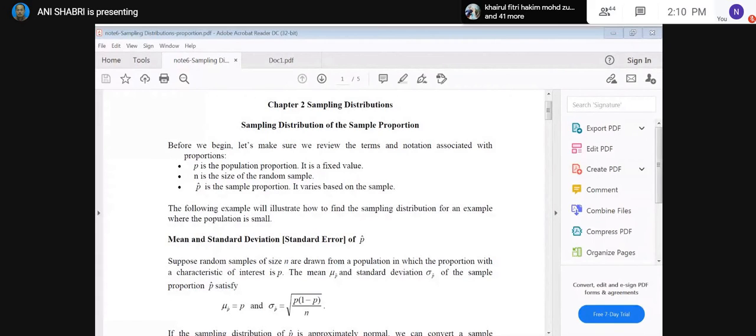Okey, boleh ambil nota ni sekarang ni, nota yang baru, this is the new note.